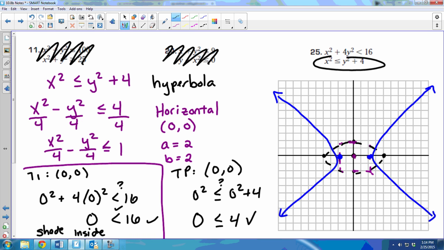Now, it's got to also overlap with the ellipse, which is inside the ellipse. So it's only inside the ellipse, but it's also only the part that doesn't have the branches. So it's just this part. So you have this like football without the edges.